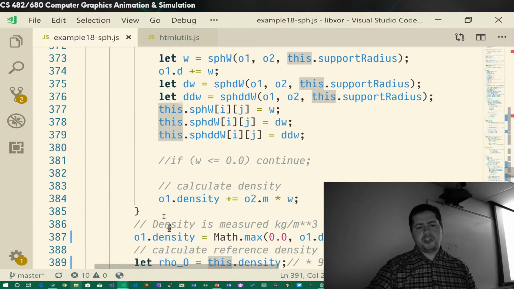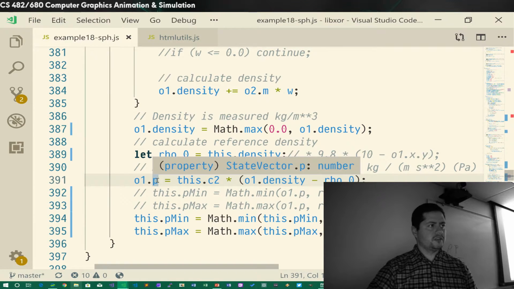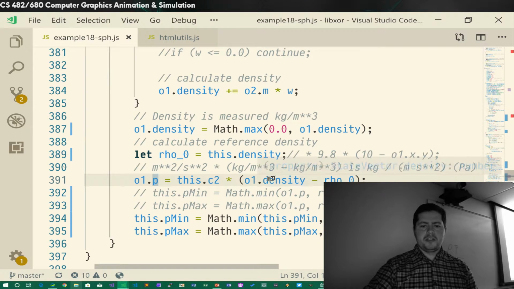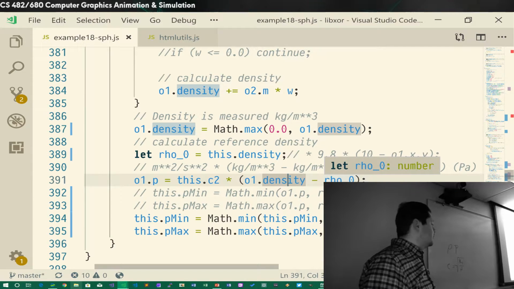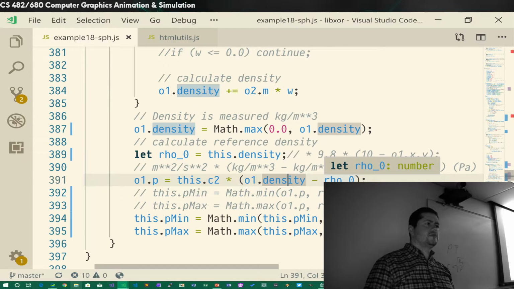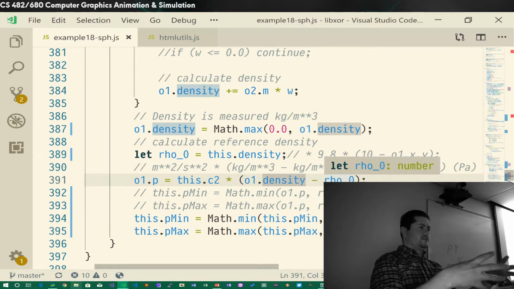Well, this pressure is going to be used to define the force. So if this value is 0, then there's no force. And the only way that this is not 0 is if the particle density is different than the reference density. So imagine a tank of water, and let's just say that one corner of it was thicker, if it had more density, then that is creating pressure.